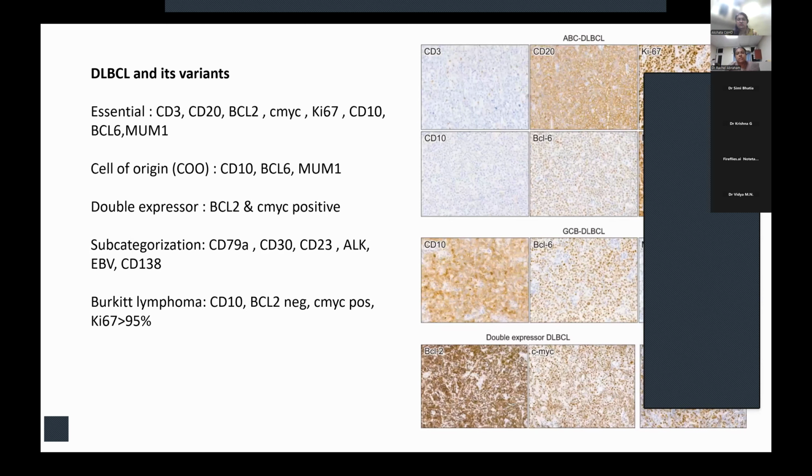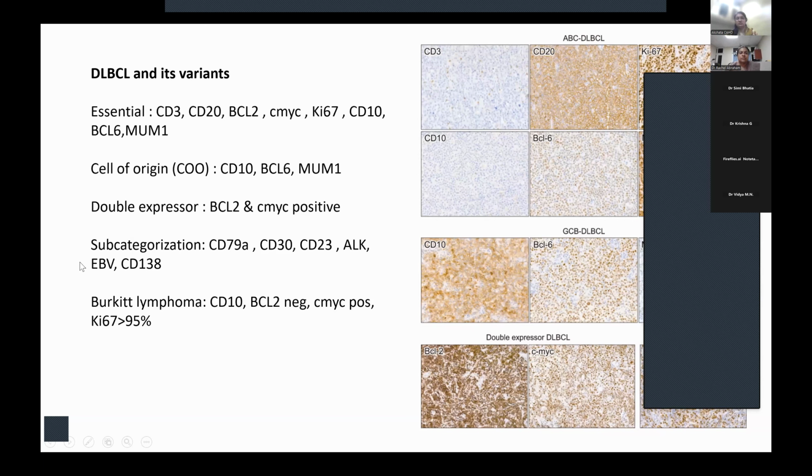So here the morphology which you would expect is of a diffuse infiltrate of large lymphoid cells with plenty of mitosis and apoptosis. Again, the essential panel has to include CD3, CD20, BCL2 and Ki67. Also, you have to include the proto-oncogene marker c-MYC.